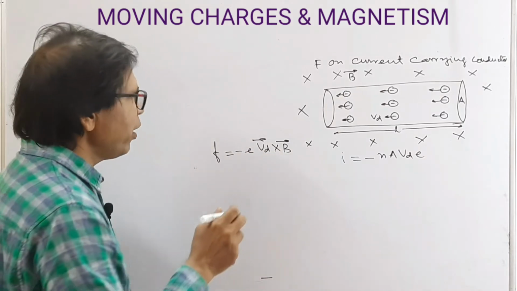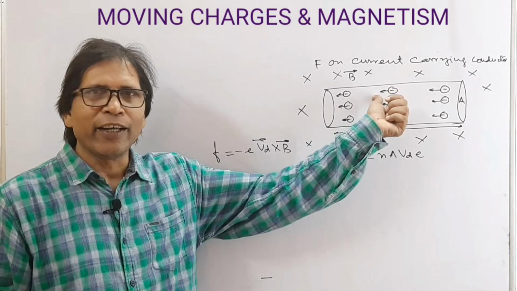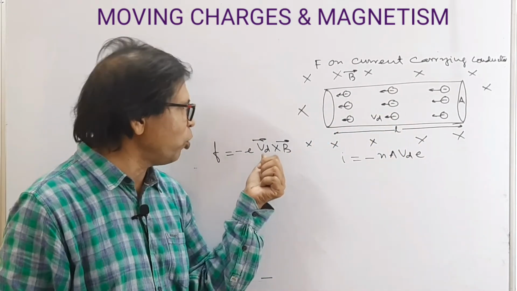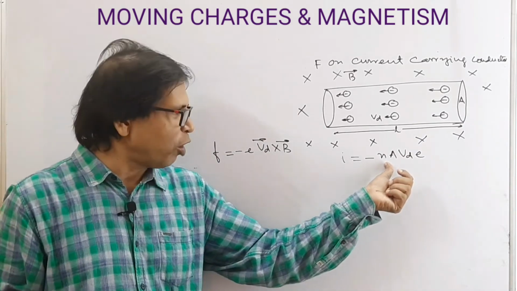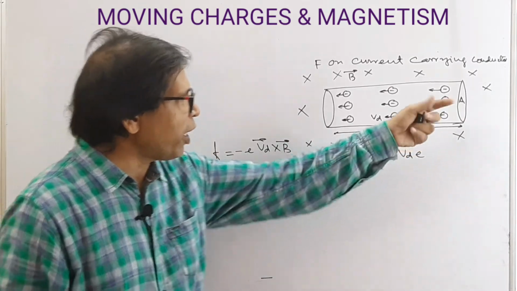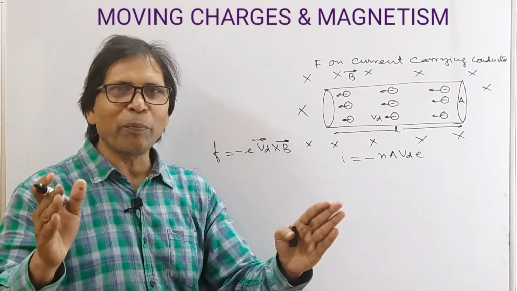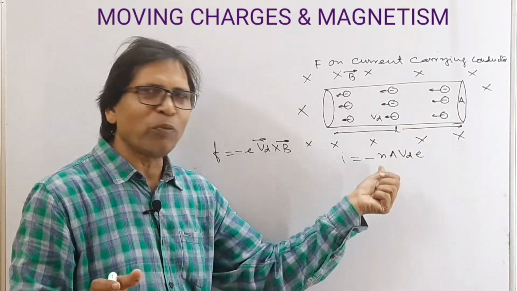The total number of free electrons in the conductor: the number of free electrons per unit volume is small n, and the volume of the conductor is A into L. So the total number of free electrons is A L into small n.